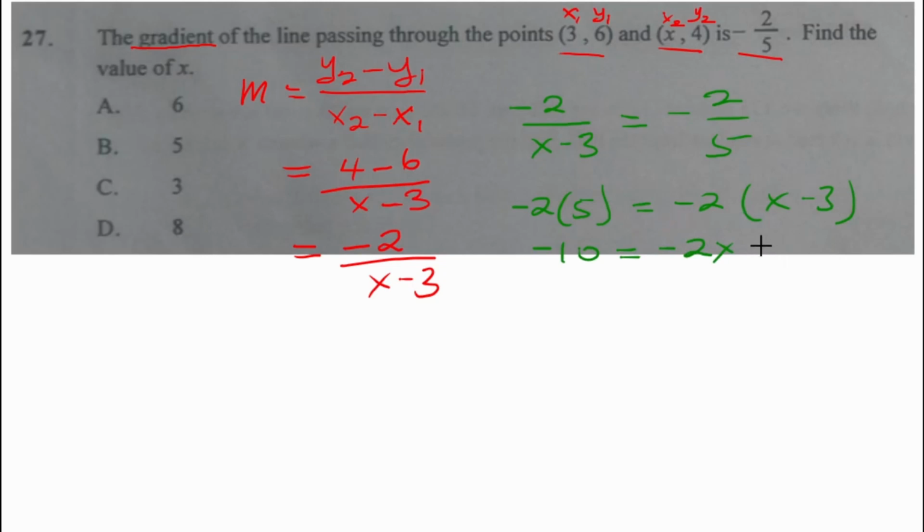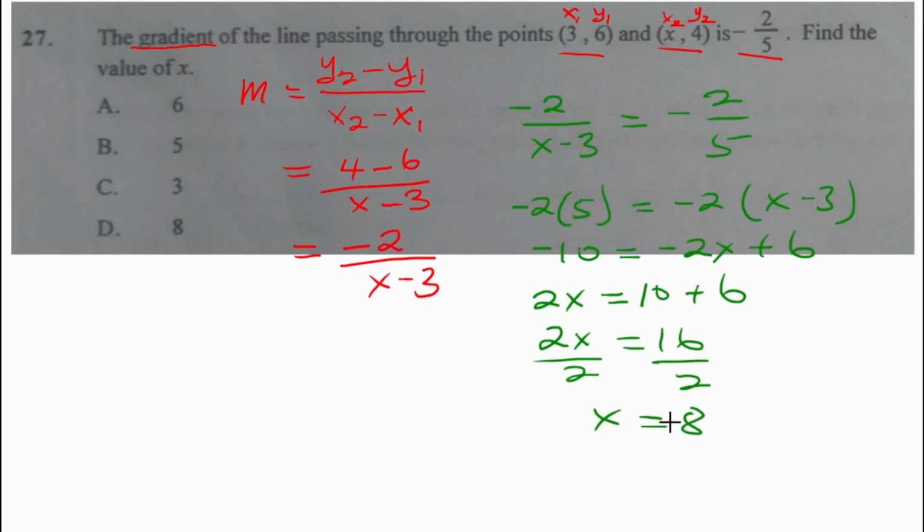Negative 2 times negative 3 is positive 6. Adding 2x to both sides and adding 10 to both sides, we're going to have 2x equal to 10 plus 6, or 6 plus 10, anyway you put it. So 2x will be equal to 16. Dividing through both sides by 2, x is going to be equal to 8.